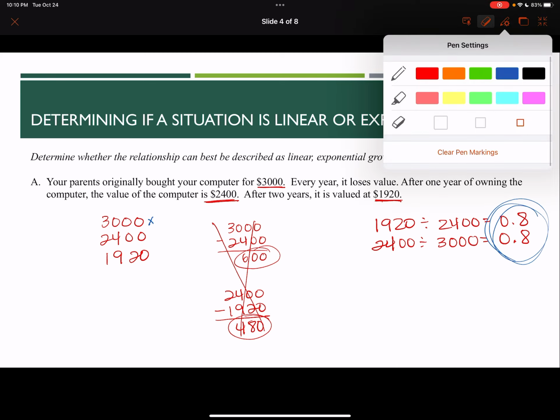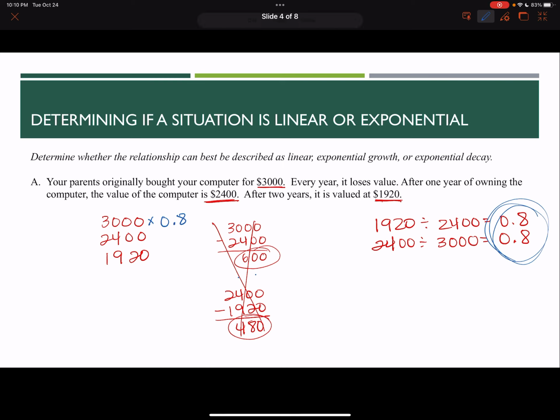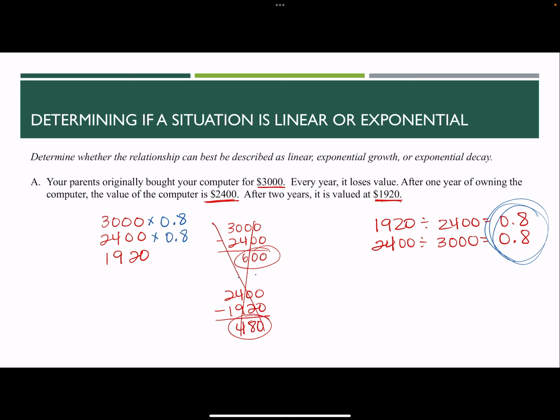If I multiply by 0.8, so 3,000 times 0.8, you're going to get $2,400. And if I take $2,400 and multiply by 0.8 again, I'm going to get 1920. And I know that because the opposite of division is multiplication. So if I can divide going backwards and get the same value, that means I can multiply going forwards and get that value. So because this works, this tells me it's exponential.